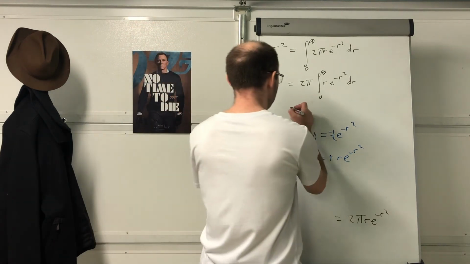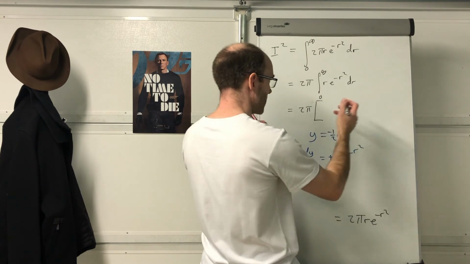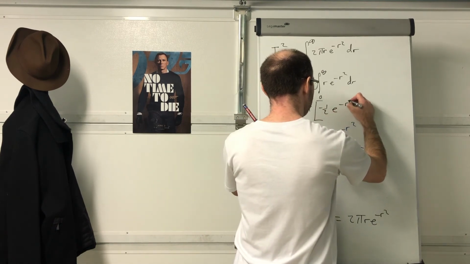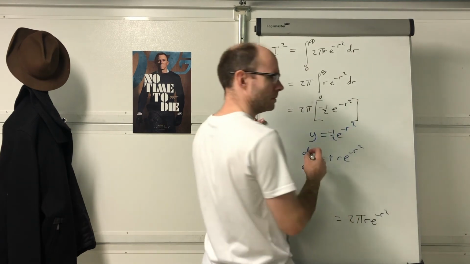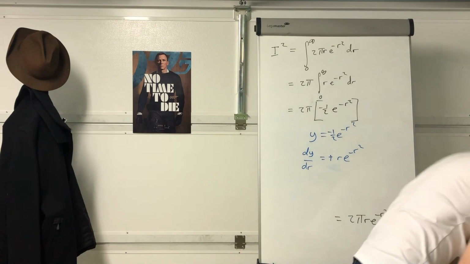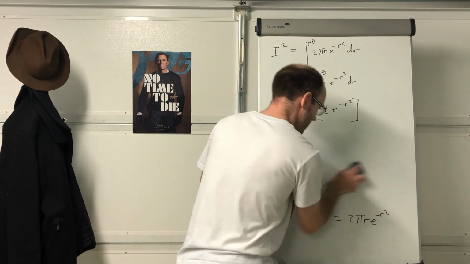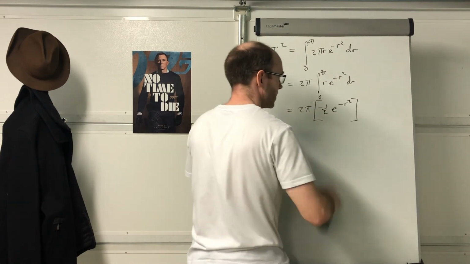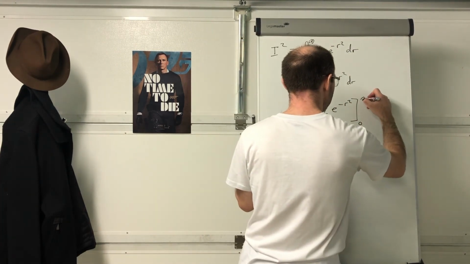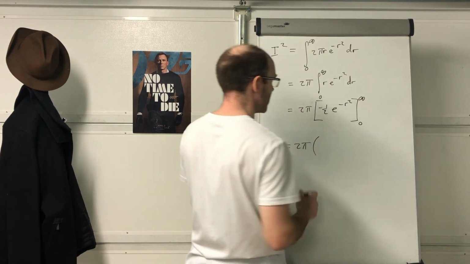So that's going to be equal to 2 pi, let's not forget we're going to put the limits in as well, negative a half e to the negative r squared. You might think, oh, I don't like that, the negative is going to make it a bit awkward. But no, it works out nicely in the end. Let's put limits in, 0, infinity.